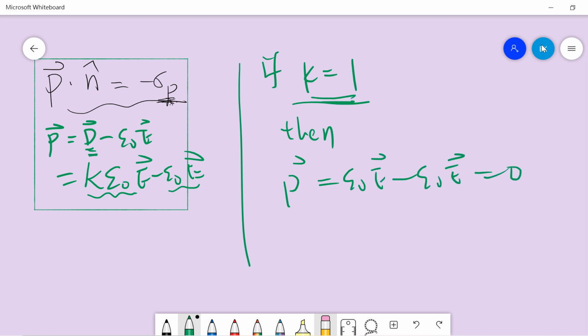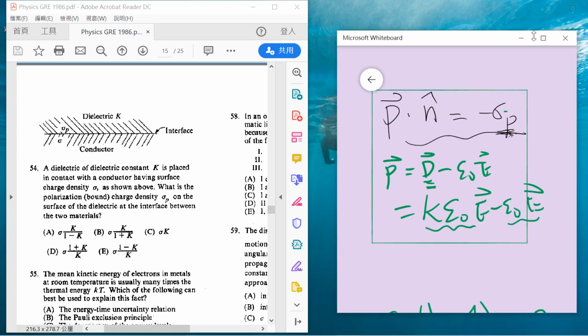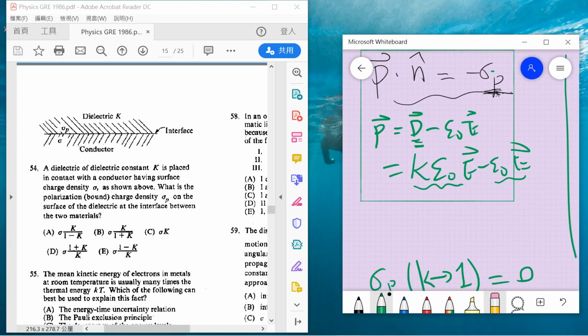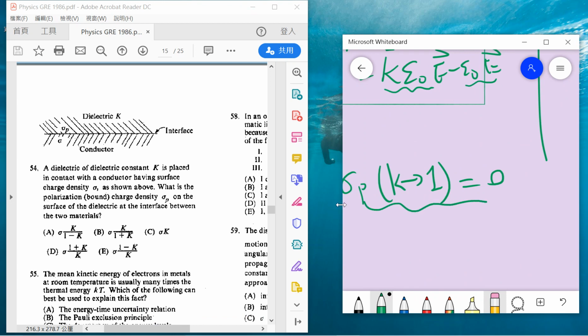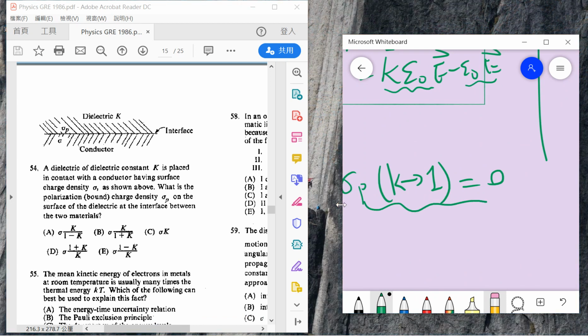So if K is 1, then P is 0, then sigma p is 0. So sigma p as a function of K should go to 0 as K approaches 1. So which answer has this property? When K equals 1, this answer is 0.